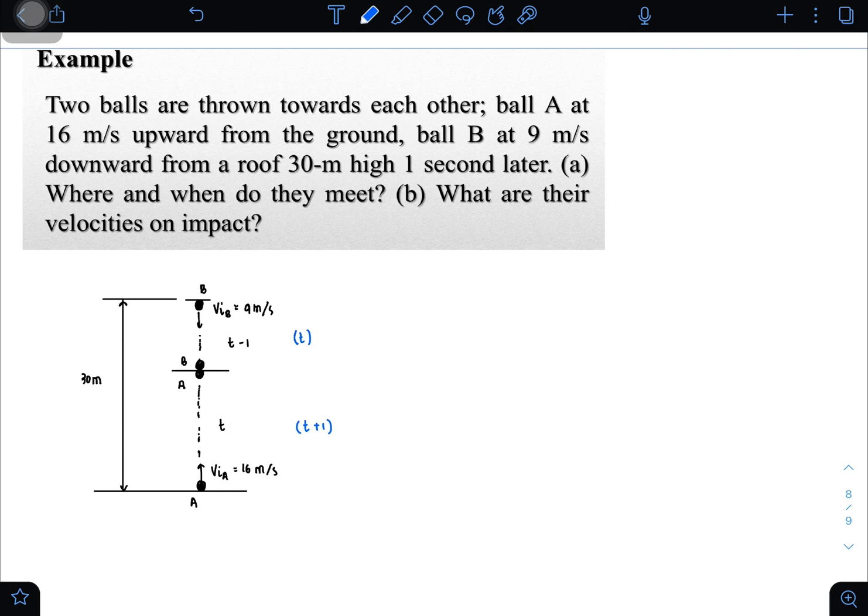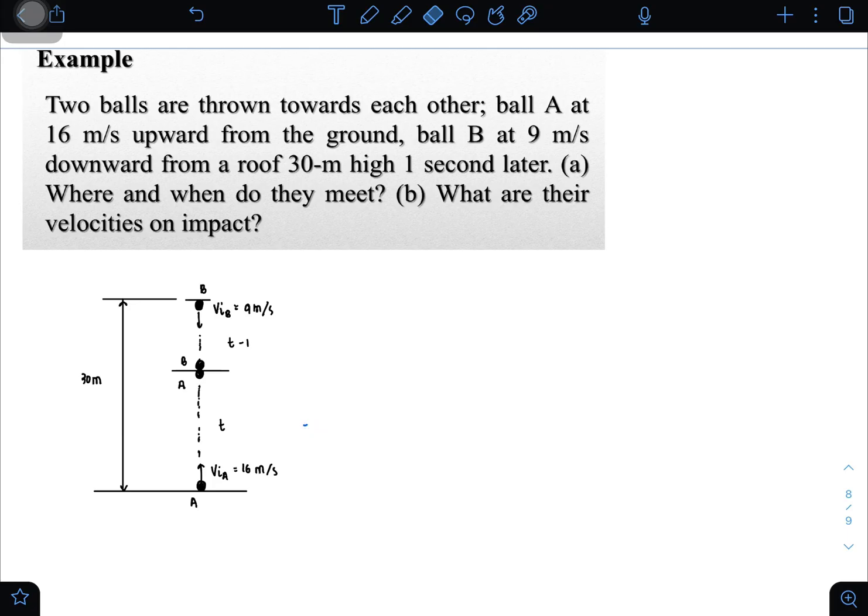So it's either a set of t and t minus 1 if we're going to use the reference of travel time of A, or we can do a set where the travel time by B is time t and the travel time by A is time plus 1. So it all really depends on your understanding.